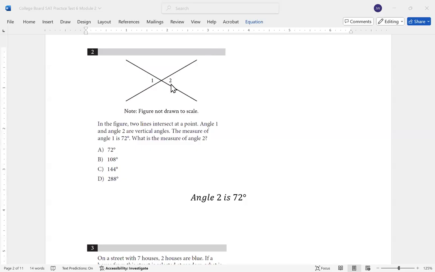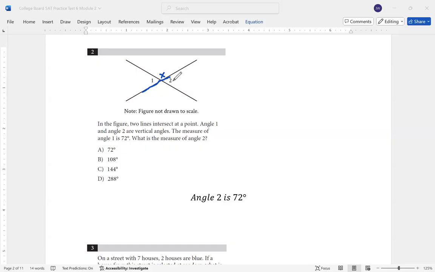The reason for that is because 1 and 2 are opposite angles on an intersecting line. And if you think about it, we know that angle 1 is 72. Well, angle 1 is on this line. So this angle, which I'll call x, plus angle 1 has to add up to 180. And therefore, angle x there is going to be 180 minus 72, so 108.